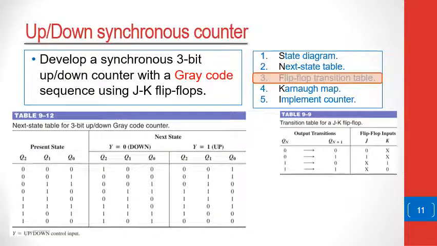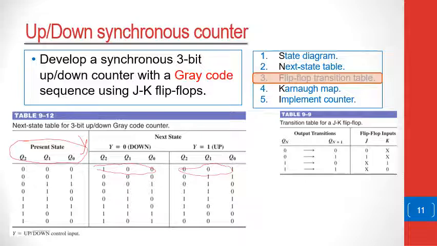So when we go to the flip-flop transition table, what we will be looking at is how the inputs, in this case the present state and the Y input, have to be set so that they can determine this next state, either this one or that one.